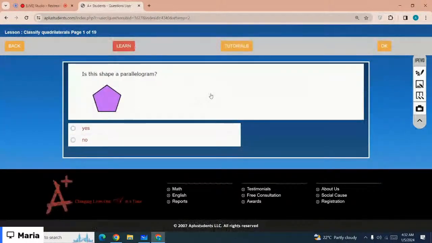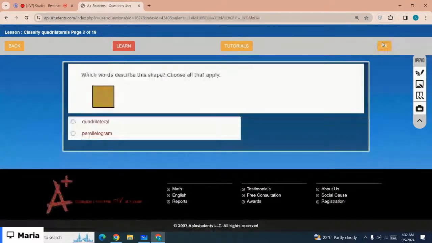Yes or no? The correct option is no, this isn't a parallelogram. The correct option is no.